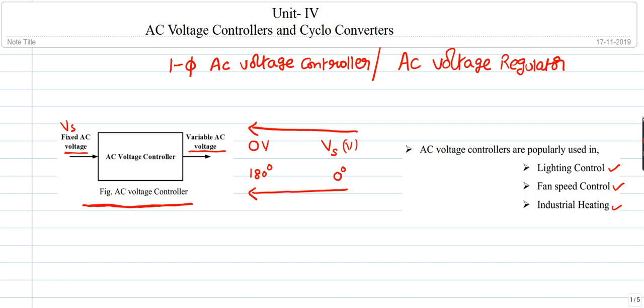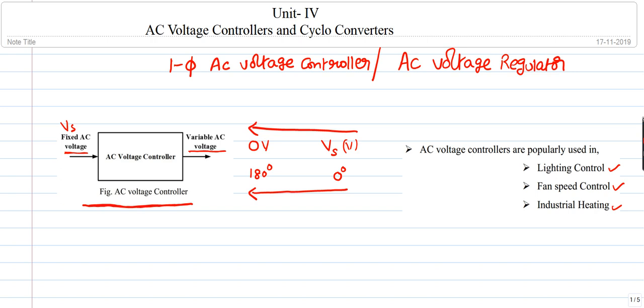In industries, three-phase induction motor based fans are used for cooling purpose. So again, we can use a three-phase AC voltage controller there so that the voltage given to the three-phase induction motor can be controlled, which controls the speed of the induction motor based upon its cooling requirement.